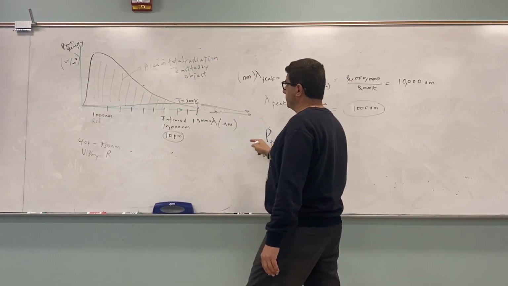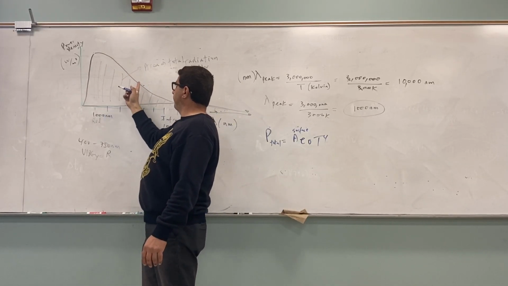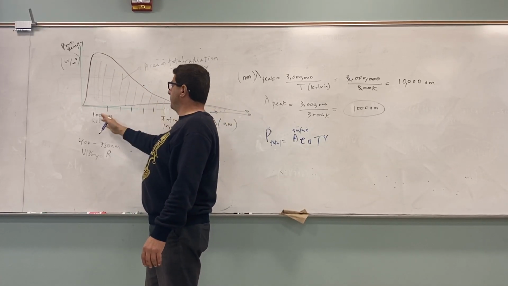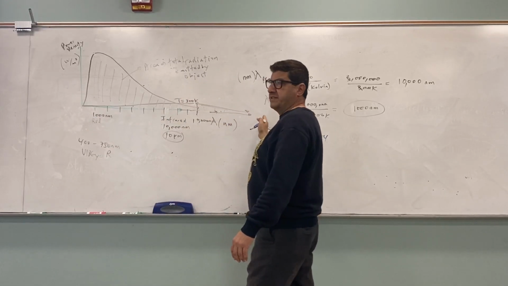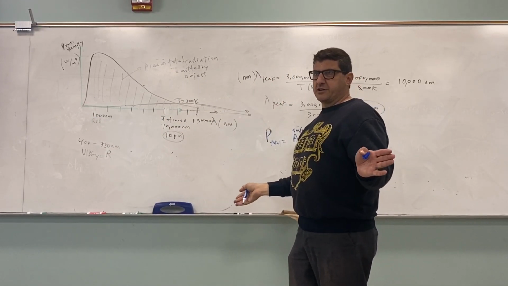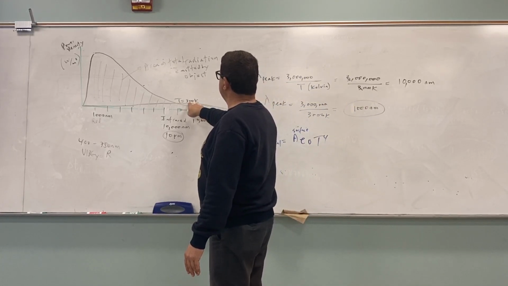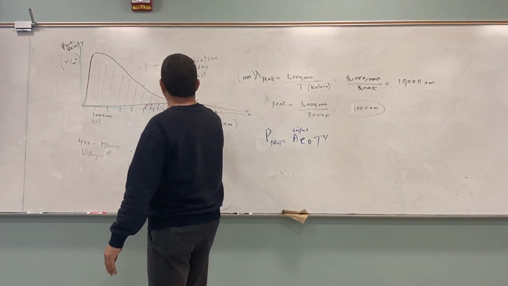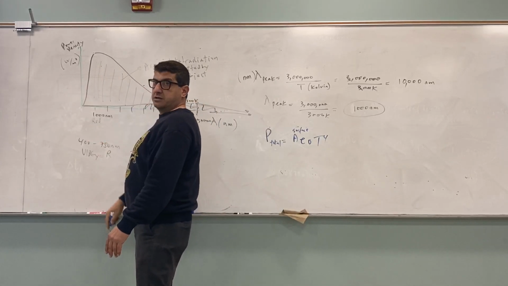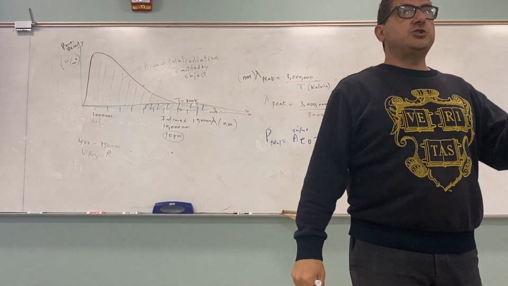So essentially this is the integral of this equation. If we knew the equation of this graph, we could just integrate it from 0 wavelength to infinity wavelength, and the area under that graph would be temperature dependent. So of course something that's 3,000 Kelvin, this area is going to be a lot smaller than that area. So the equation turns out to be T to the power 4.